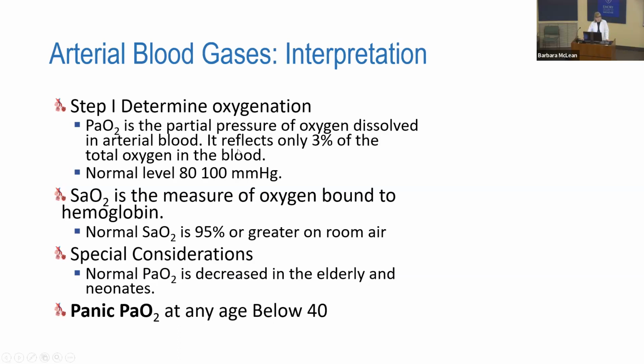So when we talk about a blood gas, the number one thing we do is determine oxygenation. That is really easy, right? We look at your PaO2, remembering that normal is 80 to 100. There's some caveats, you're a newborn baby, you're an older person, but normally 80 to 100 is the dissolved oxygen. That's the oxygen that can be used by the cell. It must be dissolved to be used by the cell. It can't be bound to the hemoglobin.